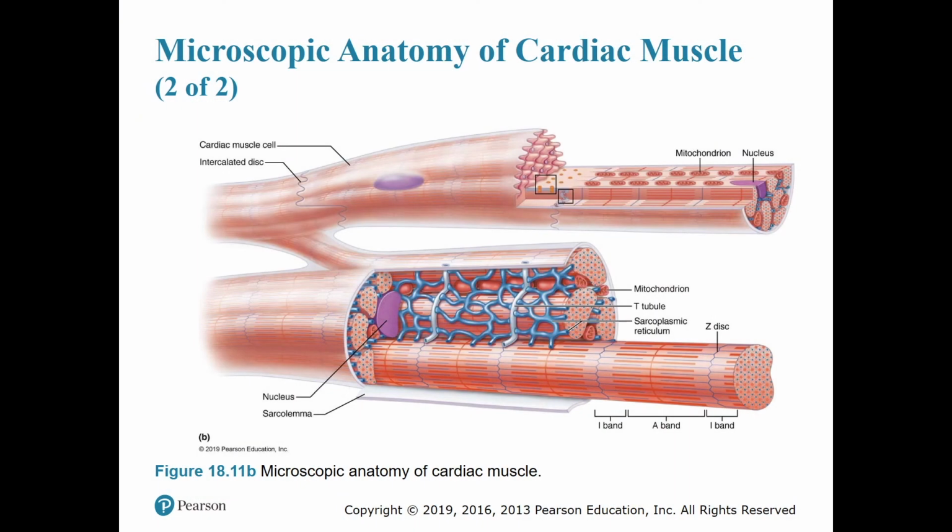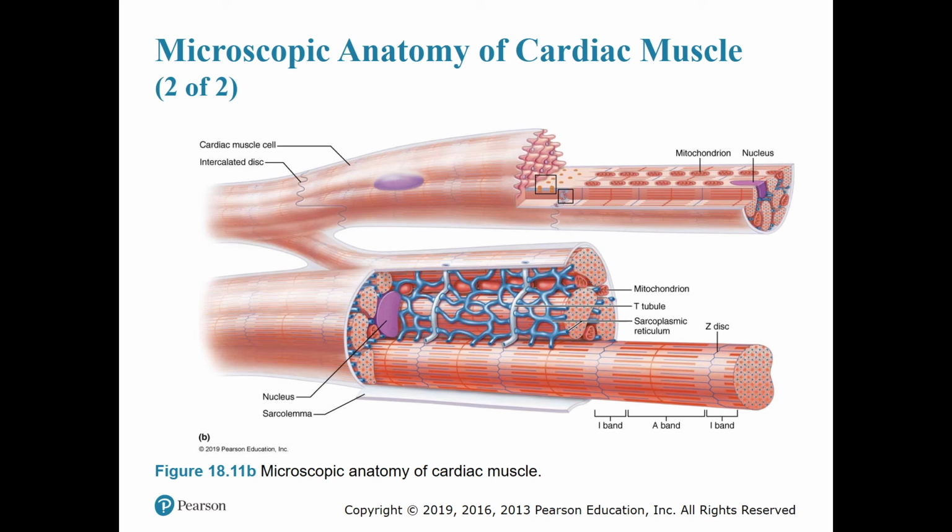Figure 18.11b is, again, the microscopic anatomy of cardiac muscle. Here we can see that it has lots of mitochondria and usually one nucleus. The membrane around the cardiac muscle cell is called the sarcolemma, and then it has the bands, the I bands and A bands, and the components of the sarcomere, which we're really not going to go into detail on.